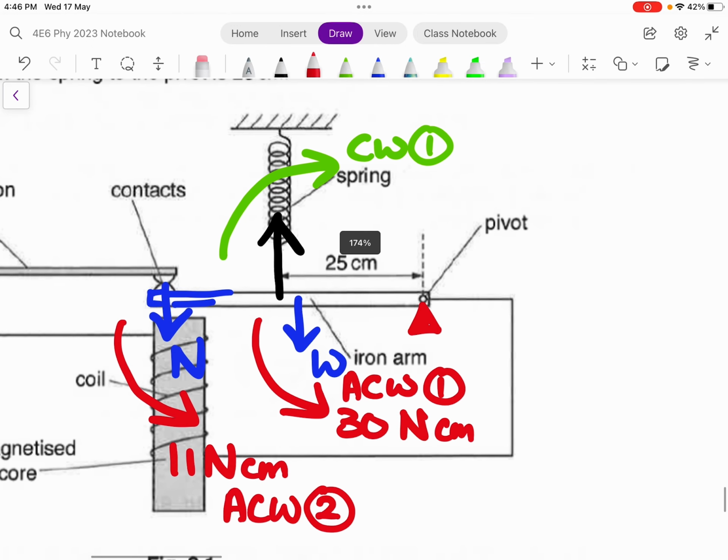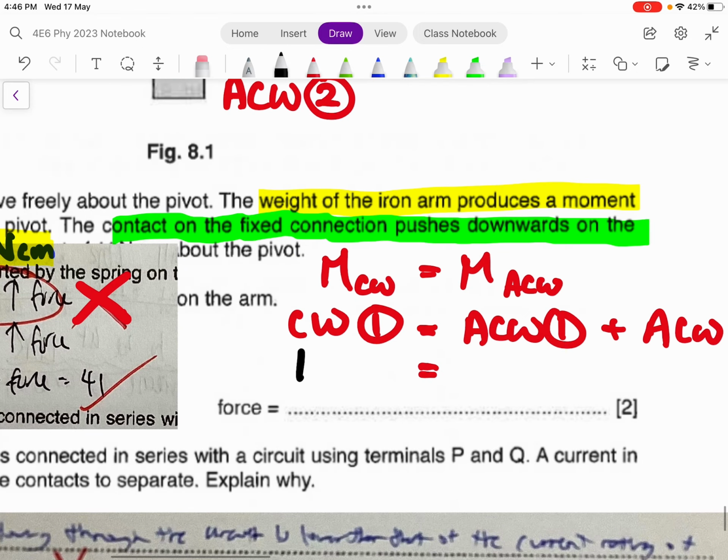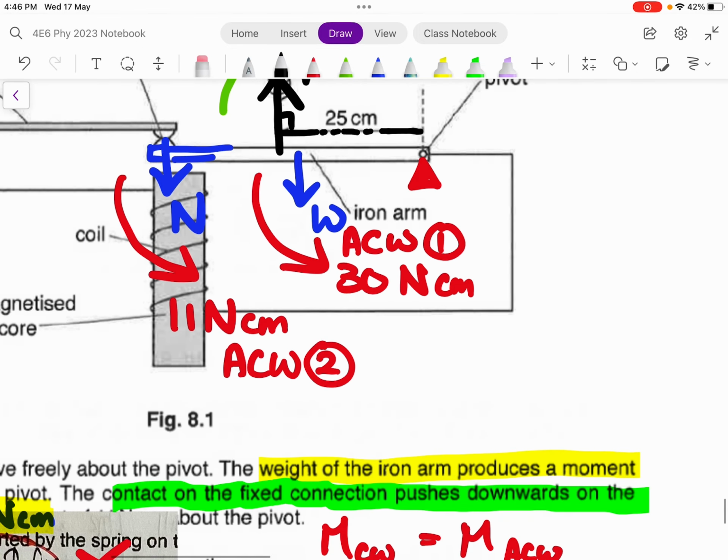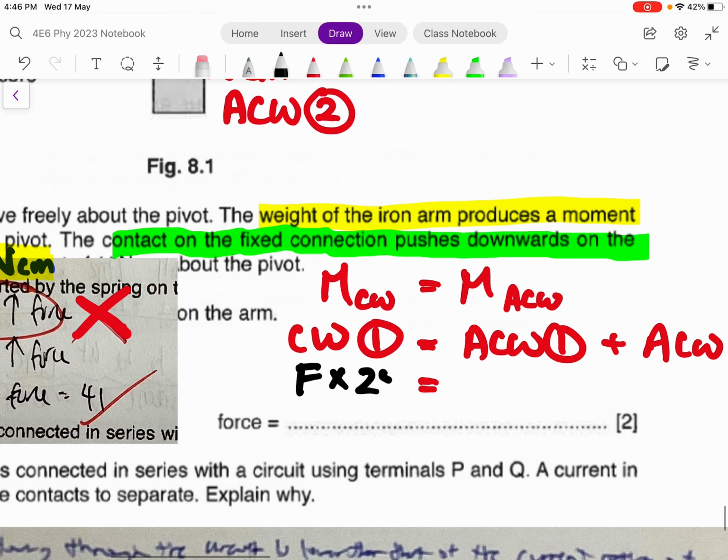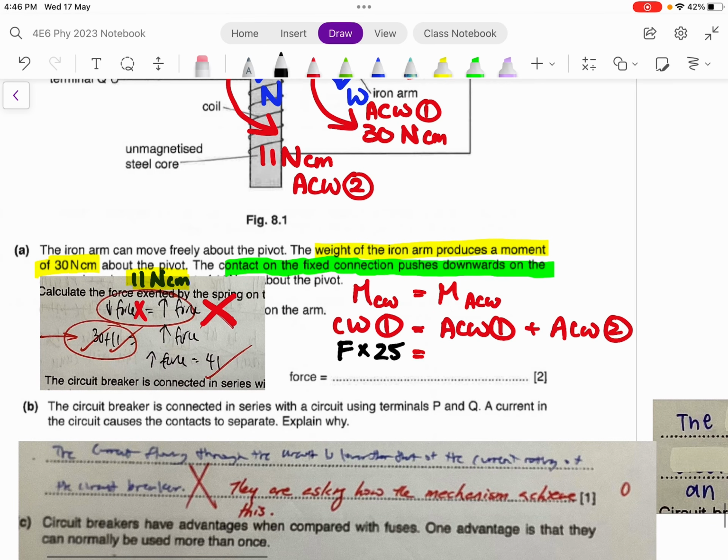So this CW1 is caused by the spring force acting 25 cm from the pivot. So down here should be F times 25, which equals 30 plus 11. Okay, then you go and solve.